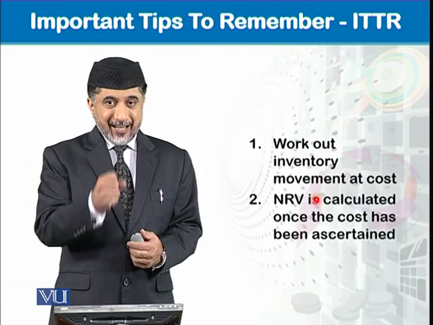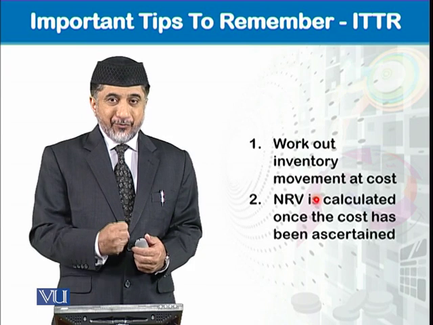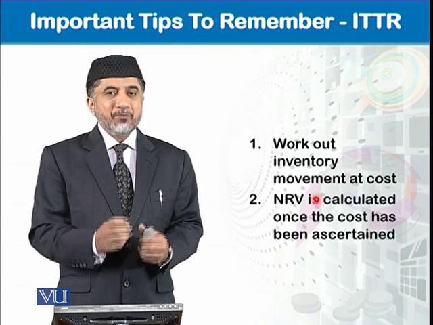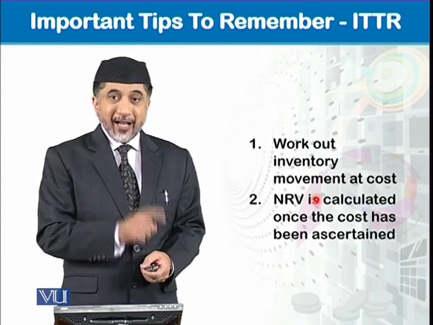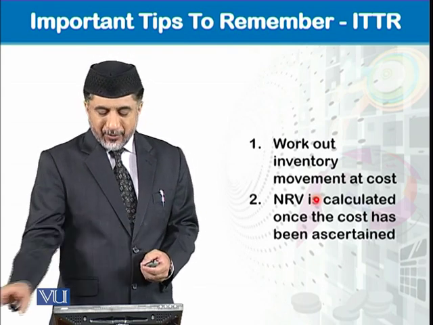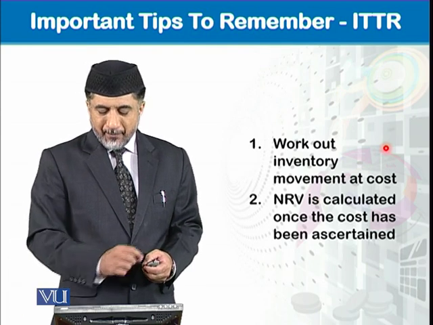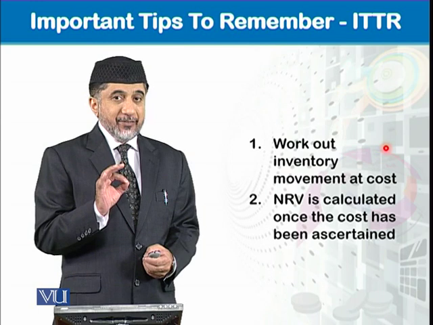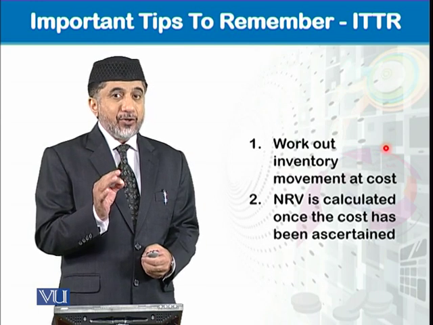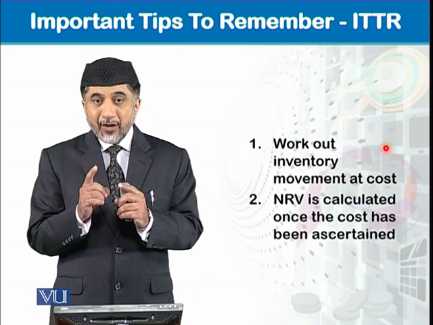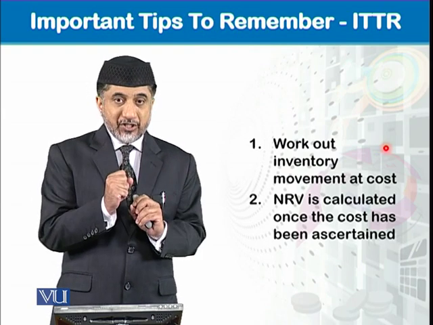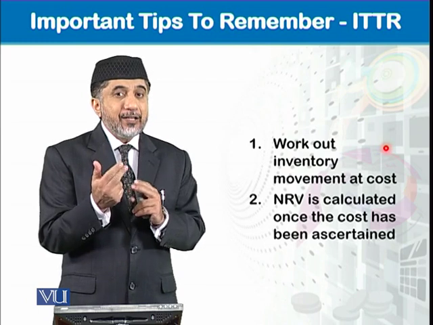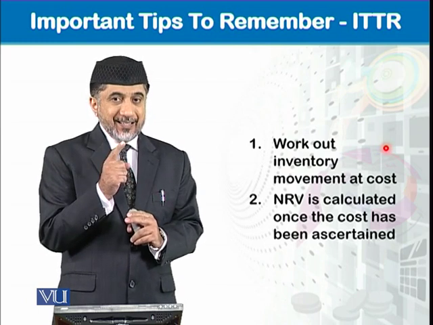So this is all about how to resolve this problem. I trust that you now have confidence to resolve this type of problem. We just have to work back. The important thing in this module is to work out inventory movement at cost. If the selling price is given for the sales figure or the sales return figure, we have to work out its cost first, and then that cost will be added or subtracted in this working.